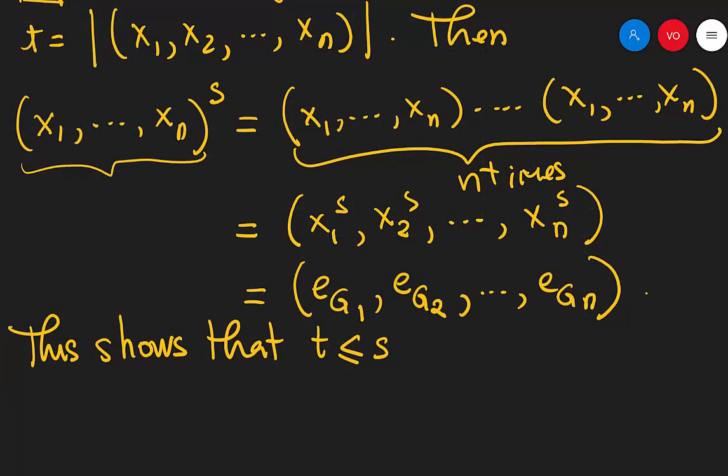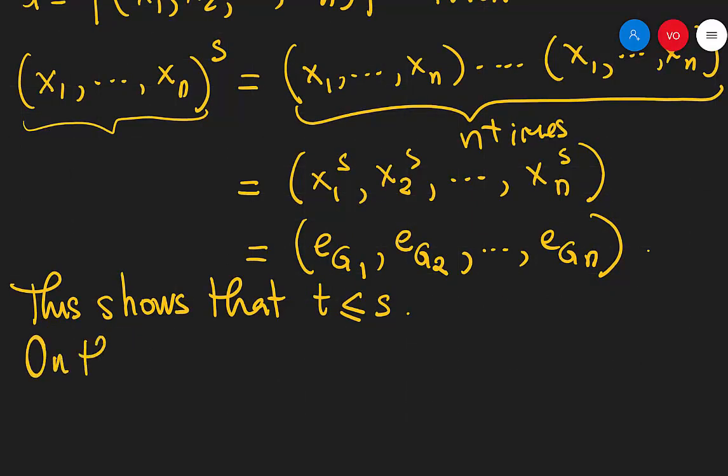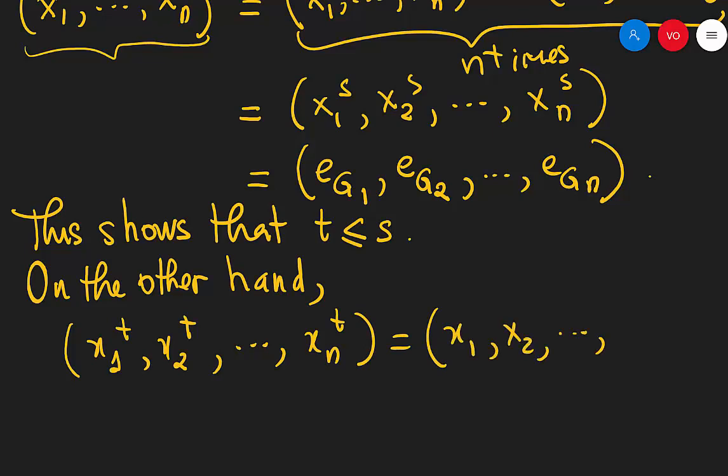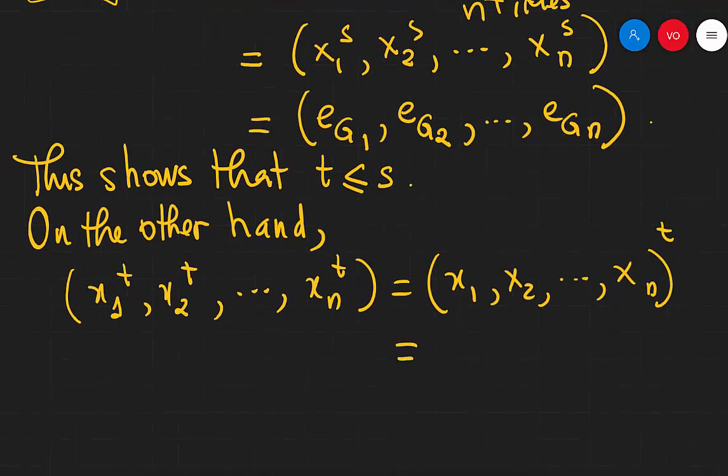Now, on the other hand, if we consider x1^T, x2^T, all the way till xn^T, by definition this is e_G1, e_G2, all the way till e_Gn, right?